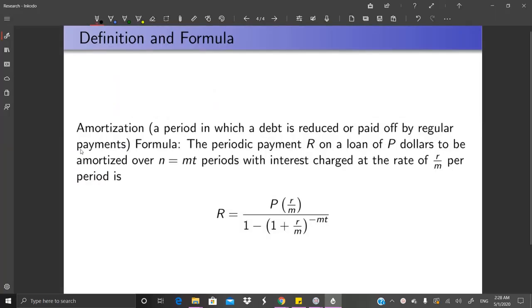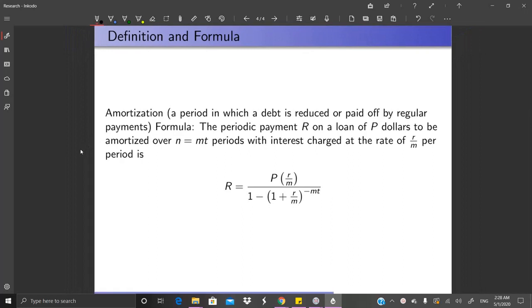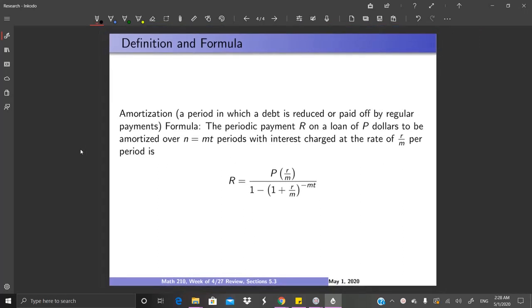Okay, our first slide here is really the only formula that we'll need for what we want to do with 5.3 questions on the quiz or on the exam. So this formula right here, right? R is still the periodic payment, same as section 5.2. P now is the amount of a loan of P dollars, so P is the amount of the loan.